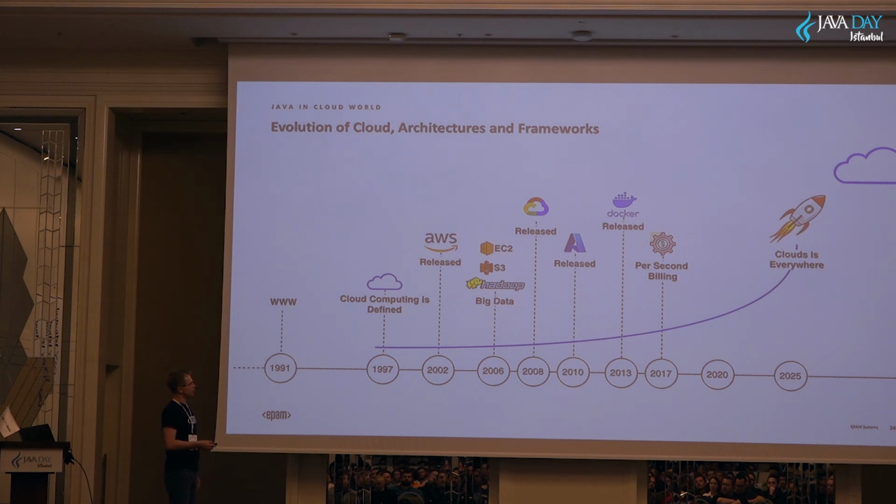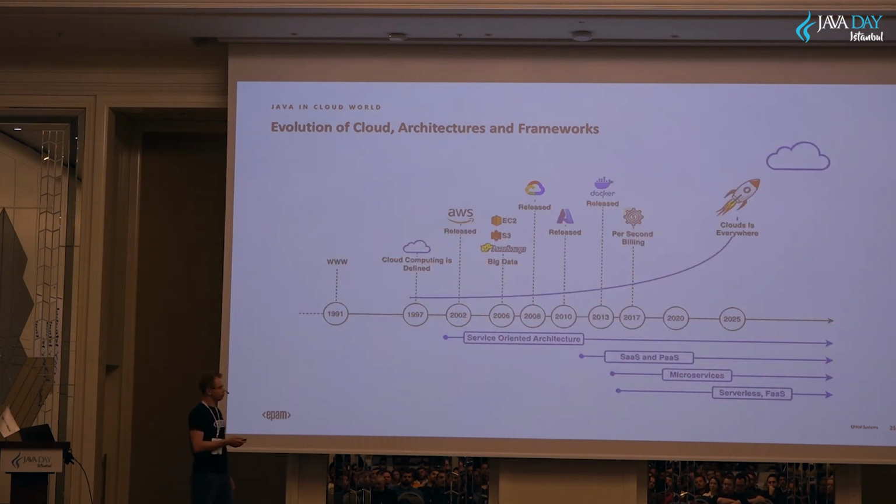Because if we add some more information to this picture, we see that with the popularity of the cloud, our architecture approaches like service-oriented, SaaS, microservices, serverless are also transformed.